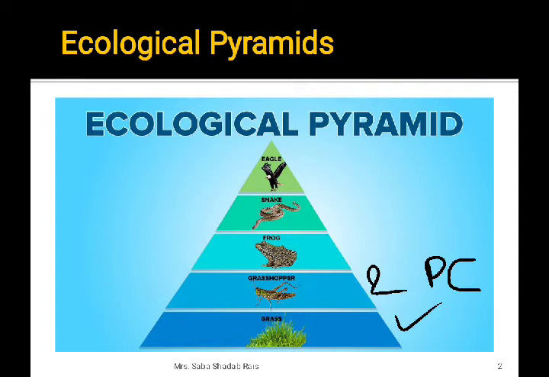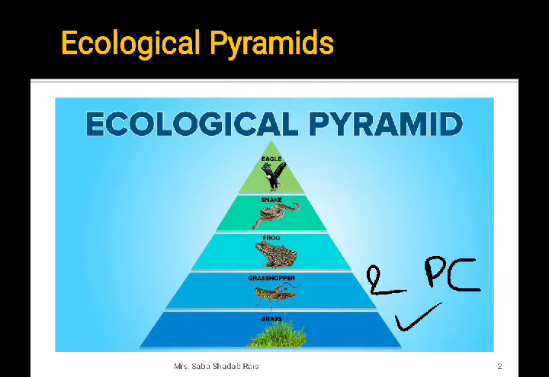After that, whatever animal belongs to the consumer category, but in the consumers there are also various types. The animals that take direct benefit from the producer are called primary consumers.